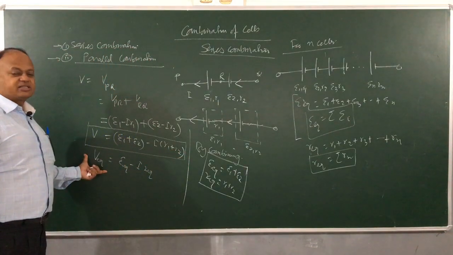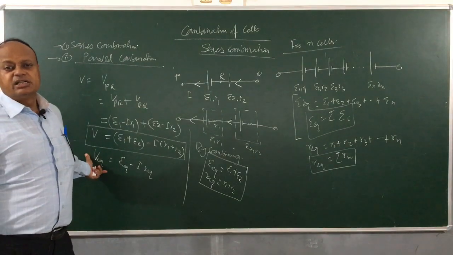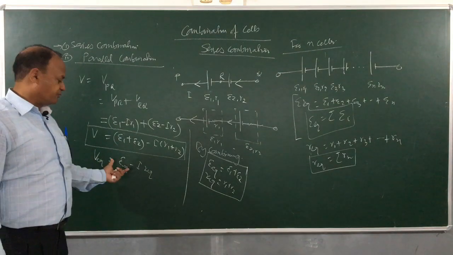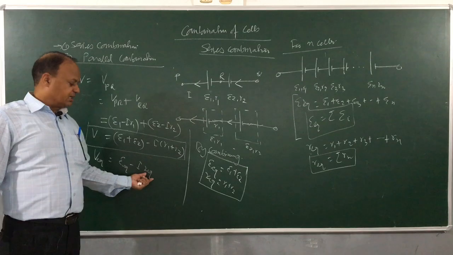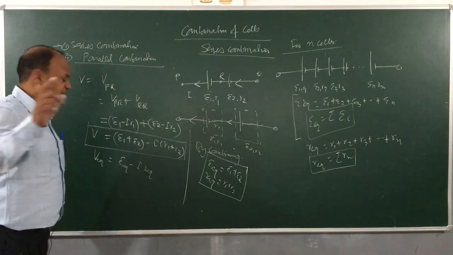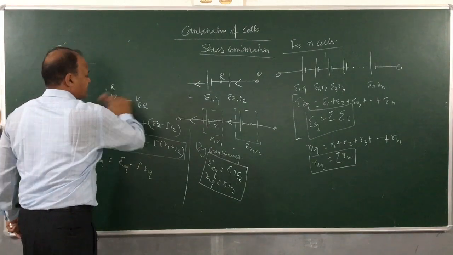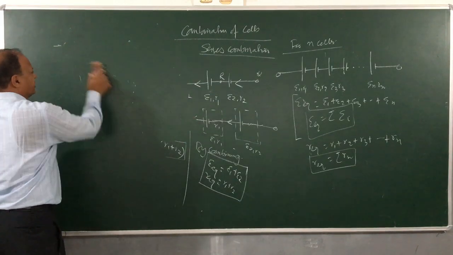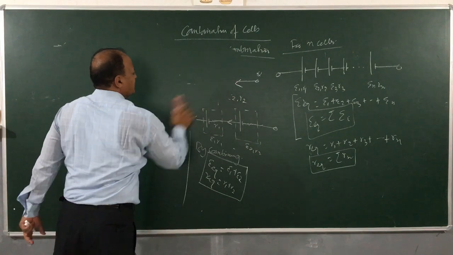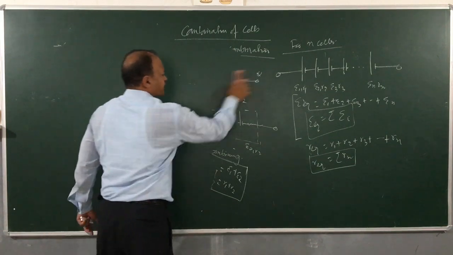Now here is the expression that we got for equivalent potential difference in terms of equivalent EMF and equivalent internal resistance. Now sometimes in series combination they will be connecting some of the cells wrongly.